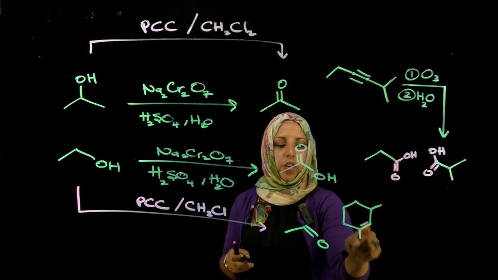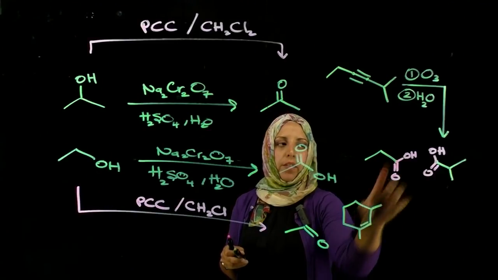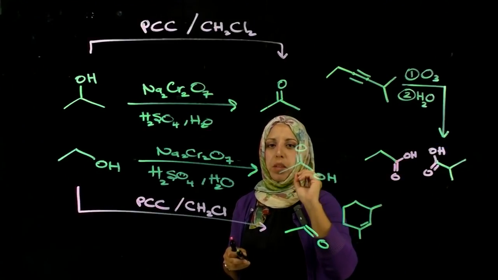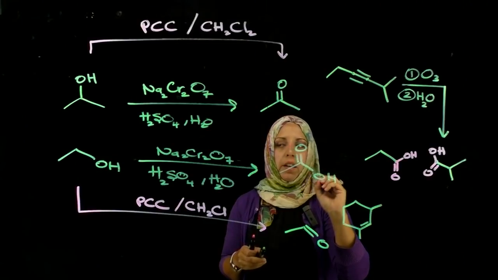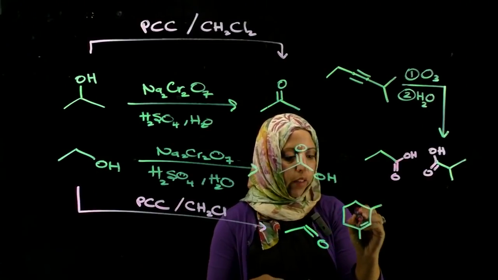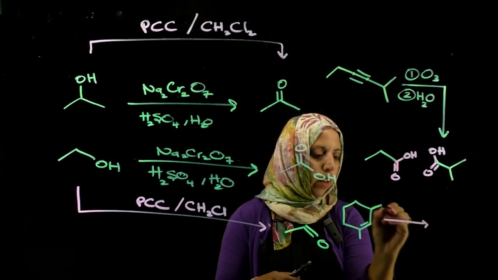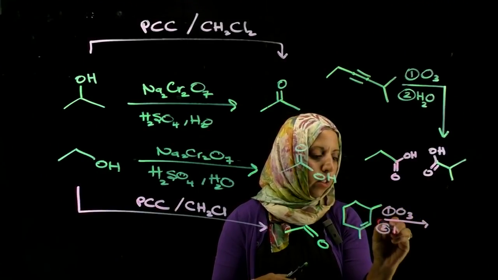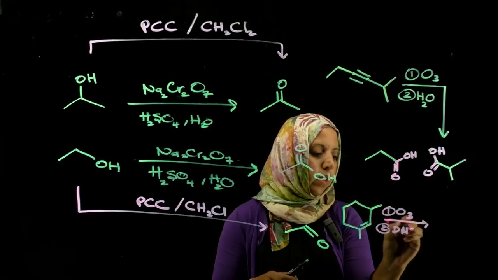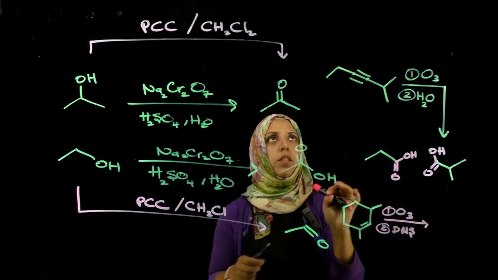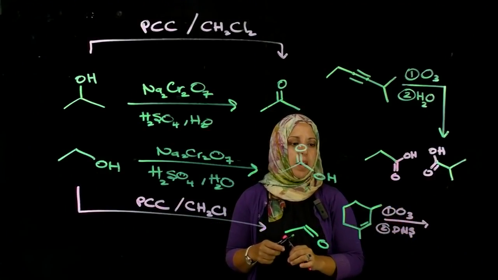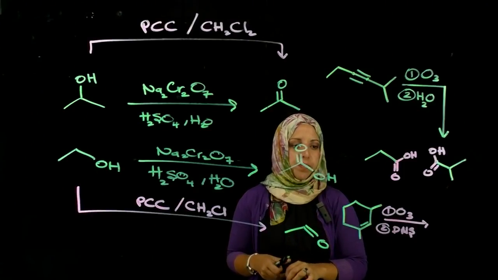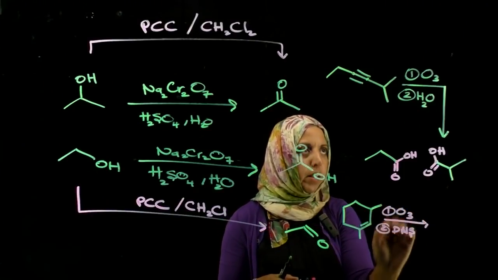It's going to cleave a carbon-carbon double bond, but instead of adding a carboxylic acid group, it simply adds a keto group. So it's like you're breaking this carbon-carbon bond. In that particular reaction, instead of being in water, it's in DMS, or we could use zinc in water, but it's typically DMS.